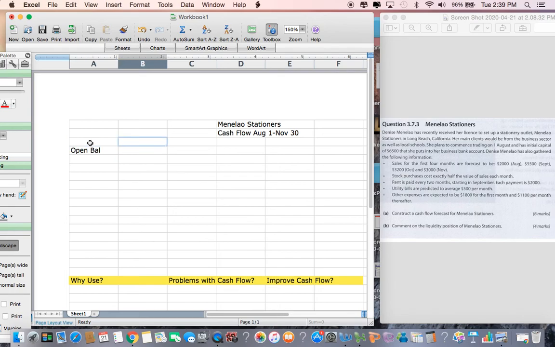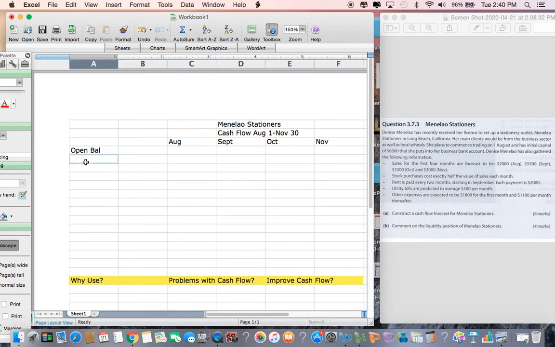The other thing that you're going to do is you're going to put August, September, October, and November for the dates. So she's only going to start August, September, October, November. So with an opening balance, we're going to put this down.